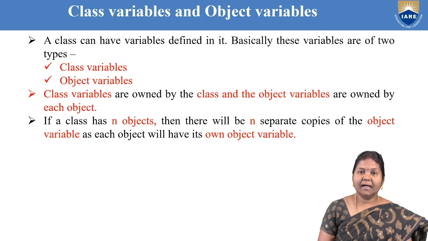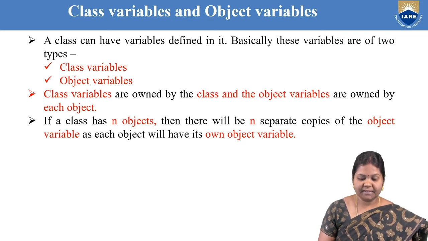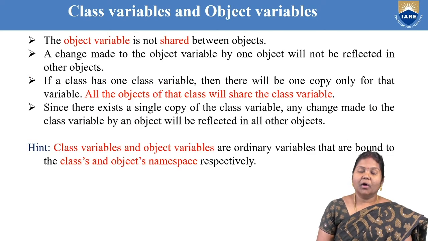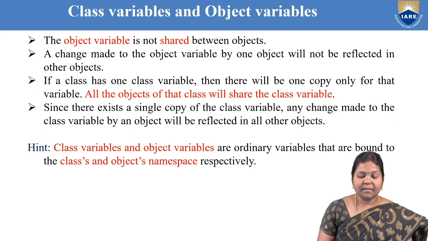Now, if a class has n number of objects, then there will be n separate copies of the object variable, as each object will have its own object variable. Now, normally the object variables are not shared between the objects. That means for every object there is a separate object variable.